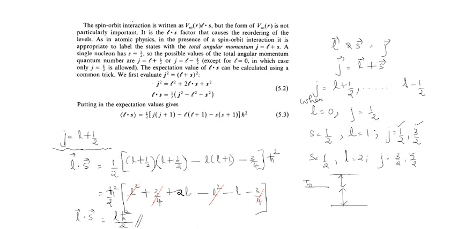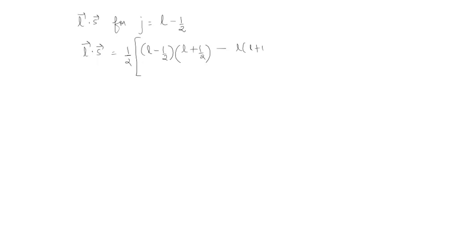Now I would like to know what L dot S is for J equal to L minus half. My L dot S would become half times J into J plus 1, so J is L minus half. Now L minus half plus 1 gives L plus half, minus L into L plus 1 minus 3 by 4, that much ħ square.